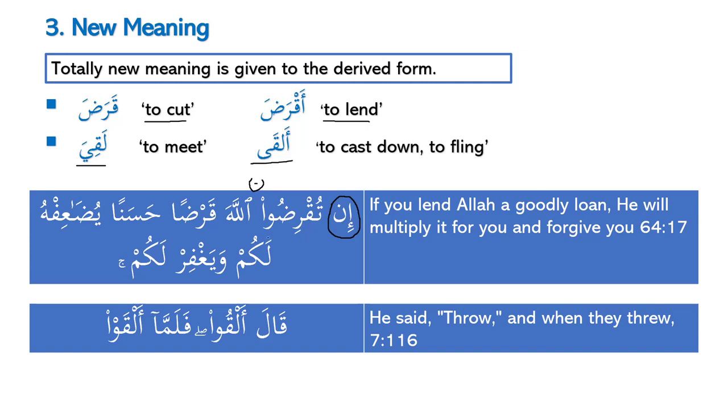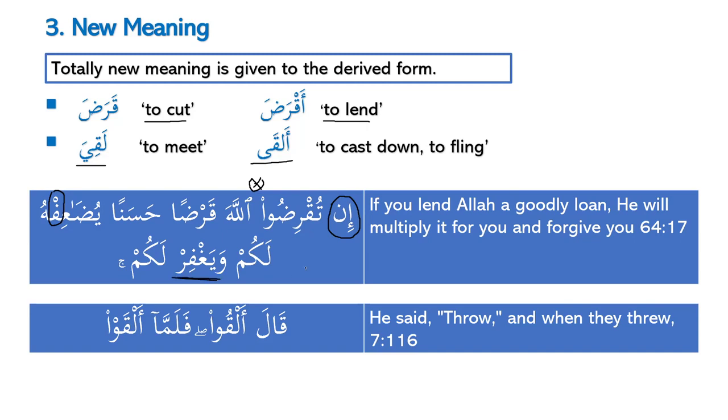So tuqridu was tuqriduna, so the noon has been dropped, and qardan hasana yuda'ifhu, it was yuda'ifu, and also here it has become majzoom, yuda'ifhu lakum. We know that wa is connecting both of them, so that's why both of them will be majzoom, and wa yaghfir lakum is also majzoom.